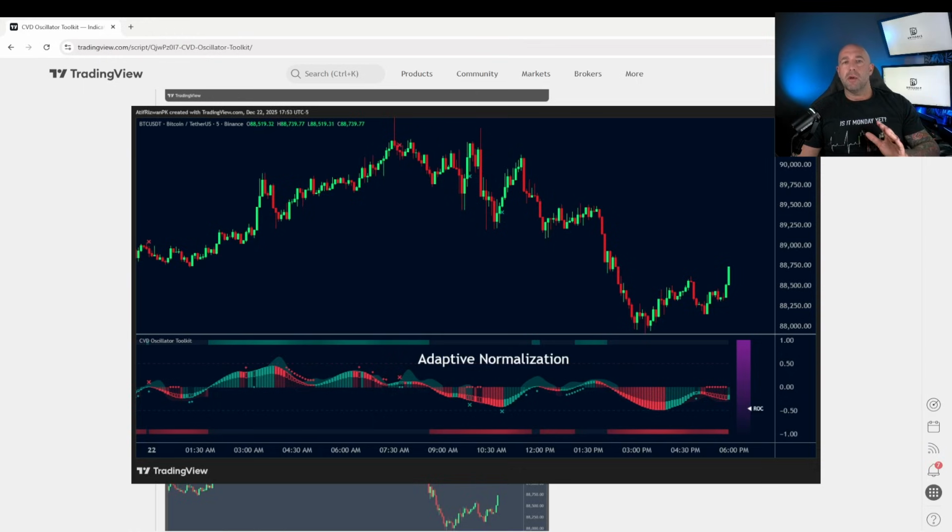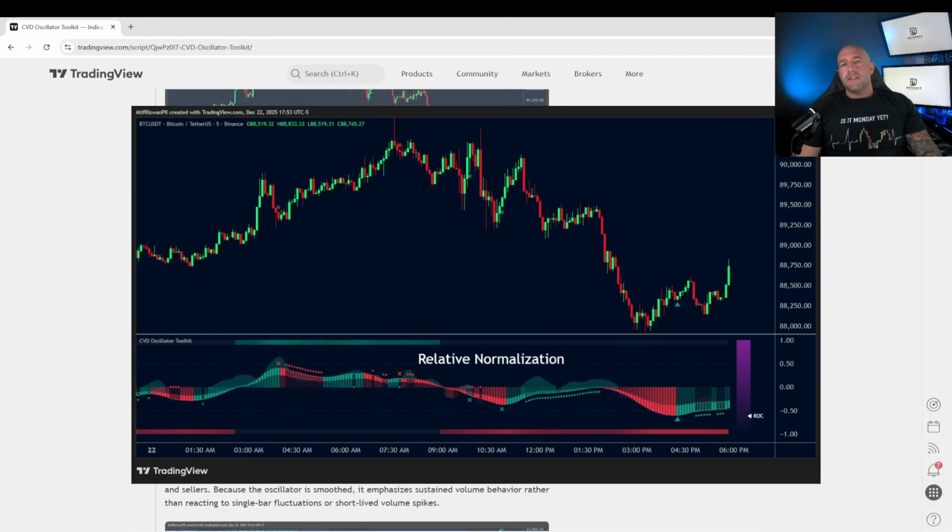In relative mode, normalization compares current CVD against a fixed historical reference, preserving proportional relationships and volume behavior and making extremes easier to compare over longer structural moves. Now, normalization affects how CVD is interpreted and visualized, not how delta volume is calculated. In both modes, the same underlying volume logic is used; only the framing and scaling of that data changes.